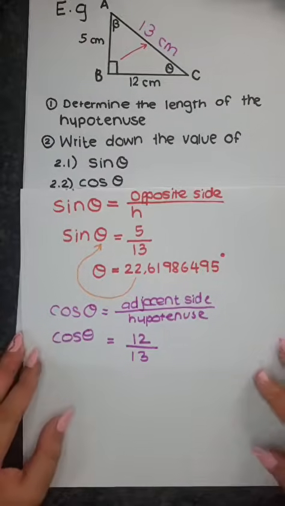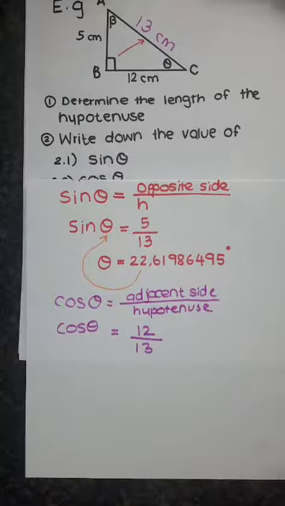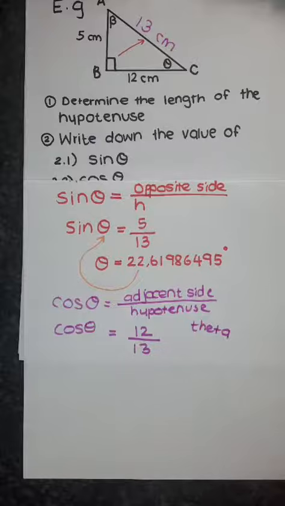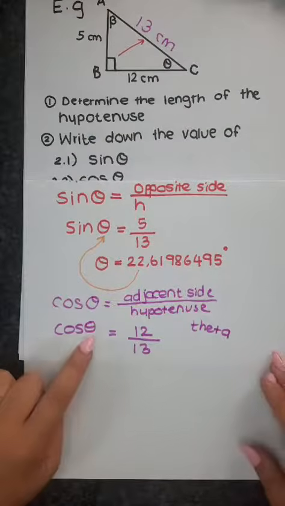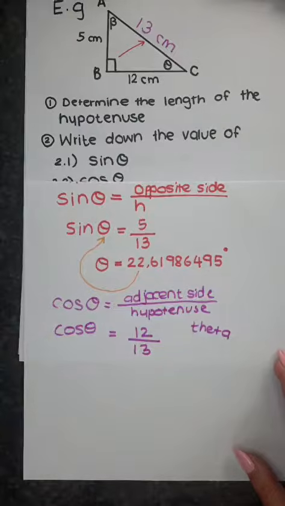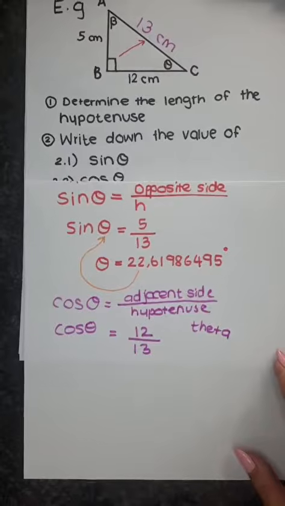However, what is theta? Okay, theta, you spell it like this. Theta represents an angle. If I ask you to find theta, so find that angle, how do we do this?